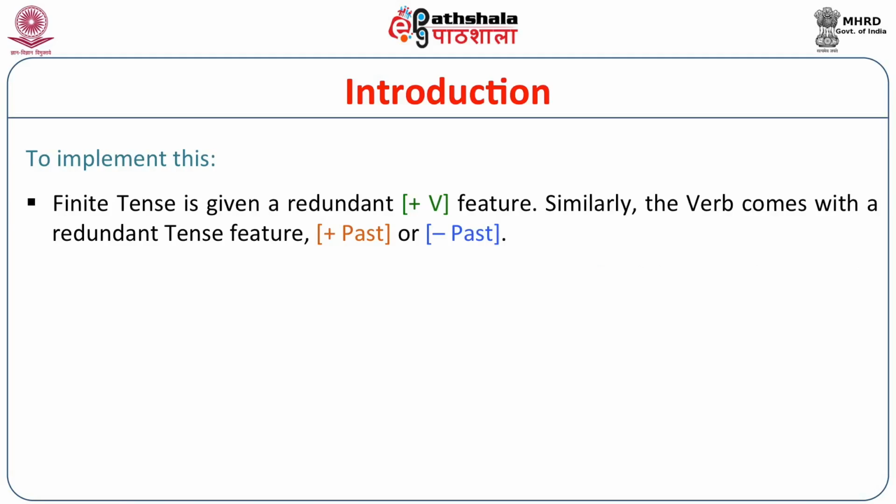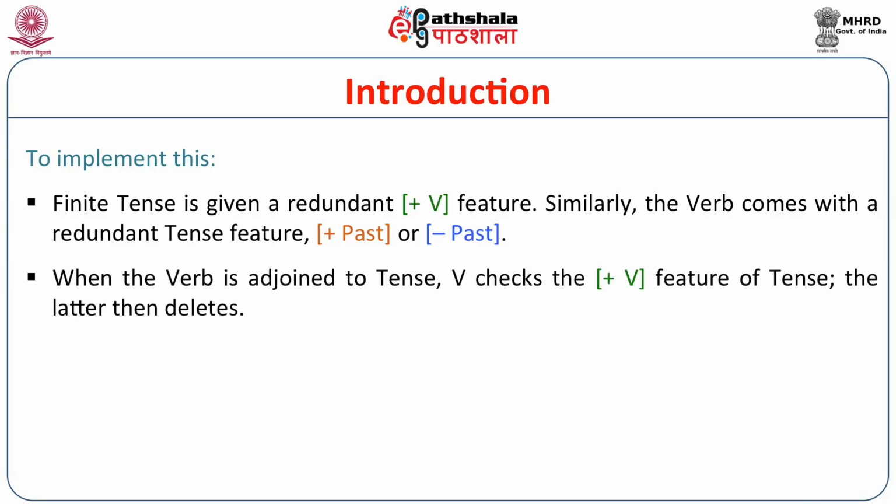Tense is given the redundant feature plus V, which must be checked by the verb. The tense head is given a redundant feature plus V, which the verb must go and check. Similarly, the verb comes with a redundant tense feature plus past or minus past.